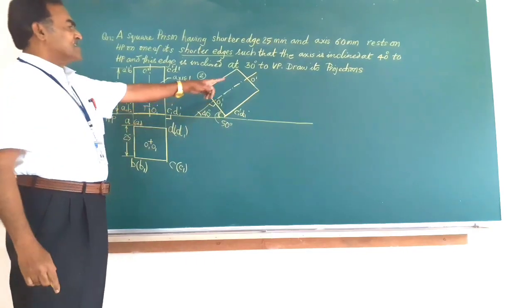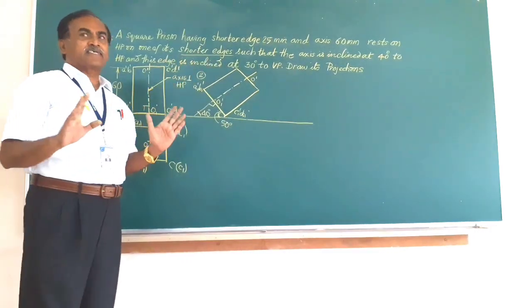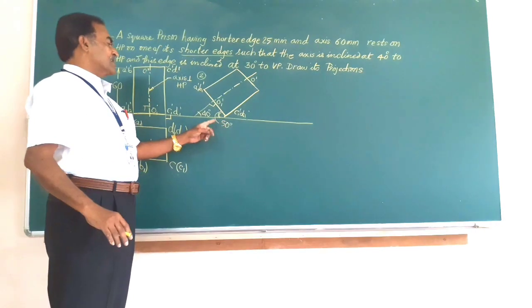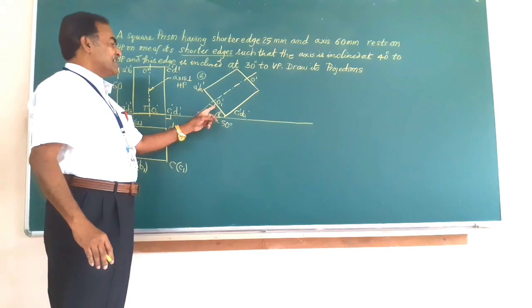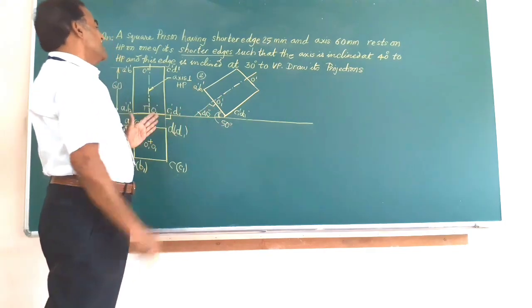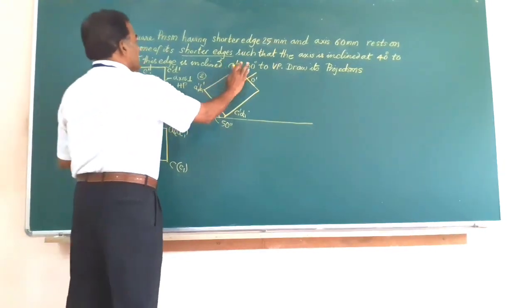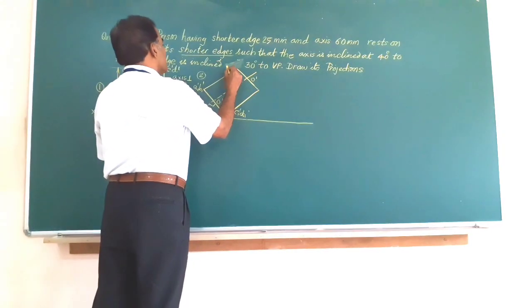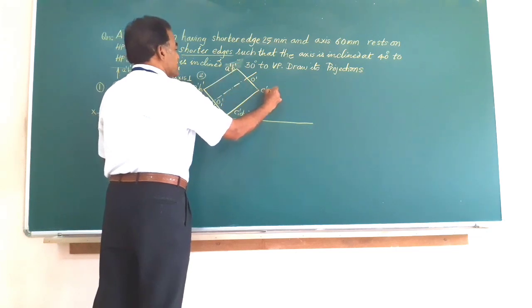So whenever the axis makes an angle of 40 degrees with the HP, the base should make an angle of 50 degrees, because 40 plus 50 plus 90 gives you 180 degrees, the total interior angle of the triangle. So let me mark the other 2 top face corners. This is A dash, B dash, this is C dash, D dash.